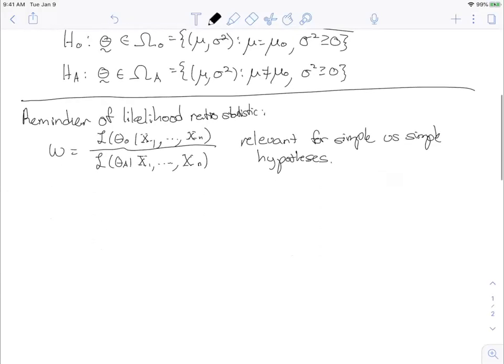And so the way to adjust it is with a generalized likelihood ratio statistic. And this is useful for composite hypotheses.